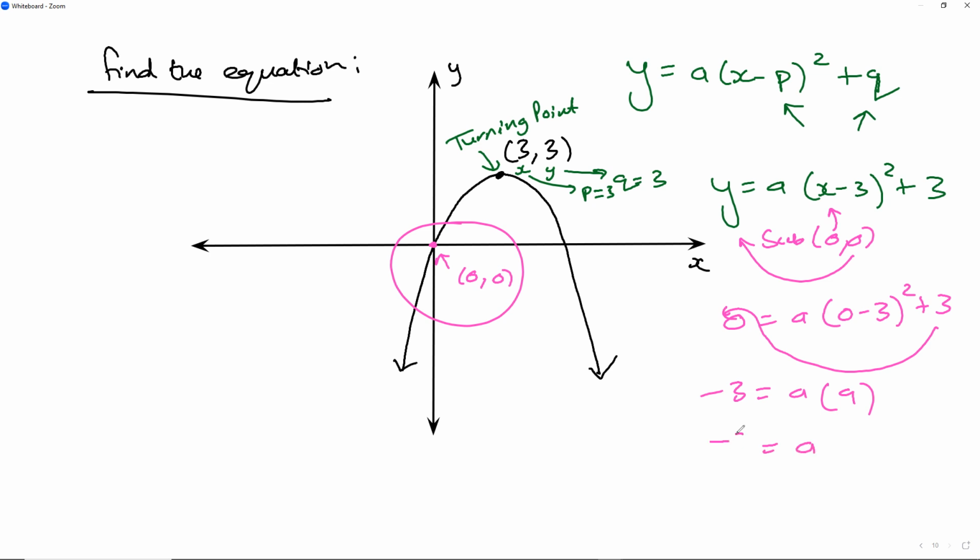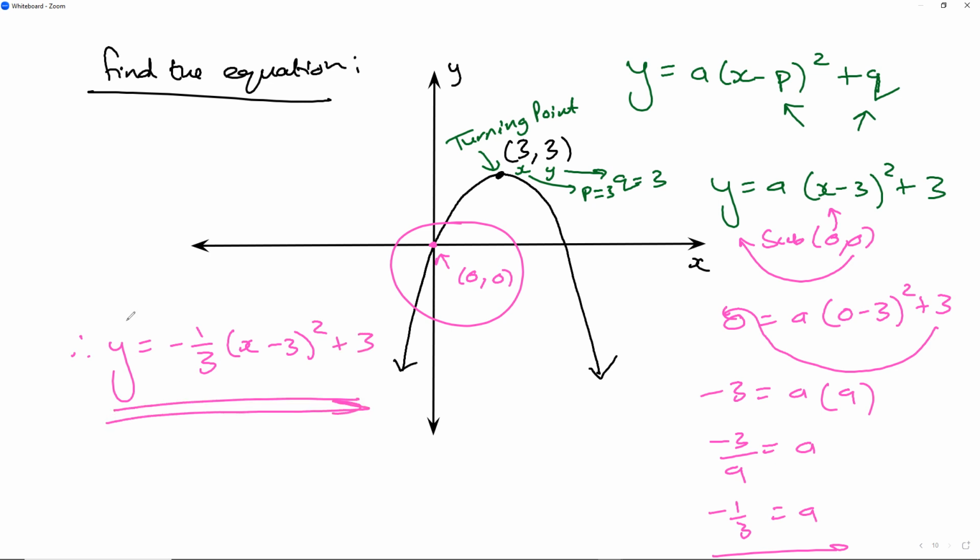And negative 3 over 9 becomes a, which is negative 1 over 3. And so that's going to be my a value. So therefore y equals negative 1 over 3 (x minus 3) squared plus 3. Final equation in turning point form, in vertex form.